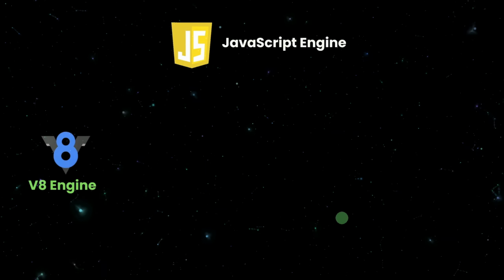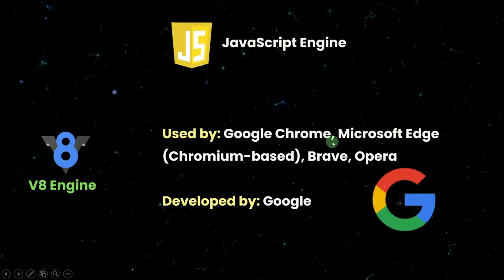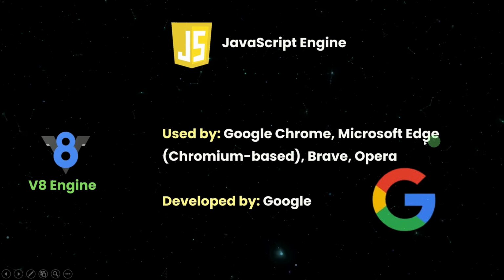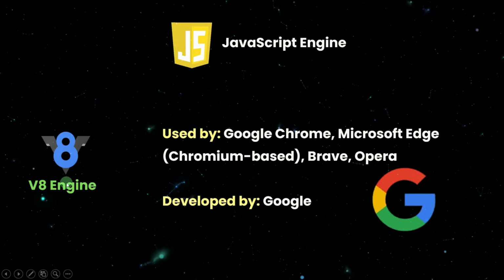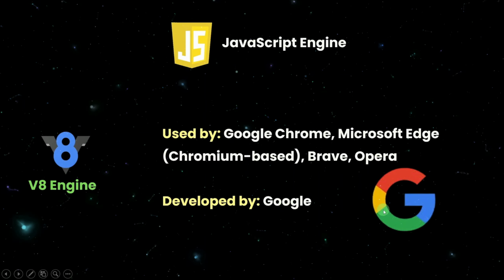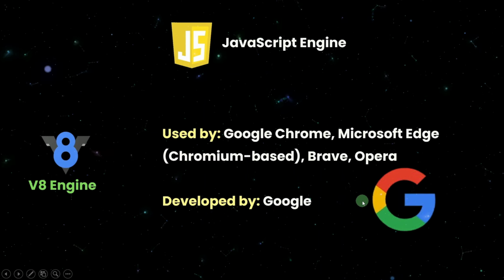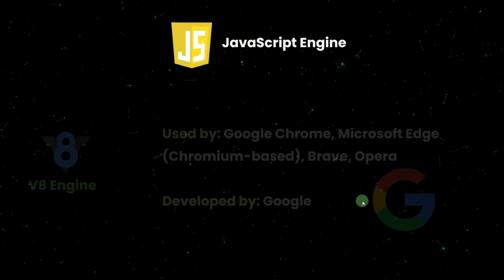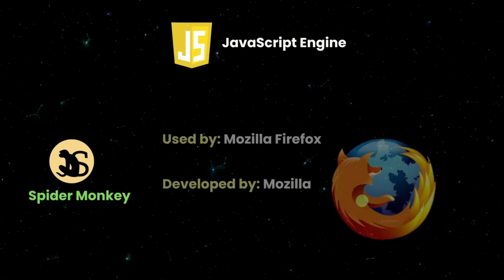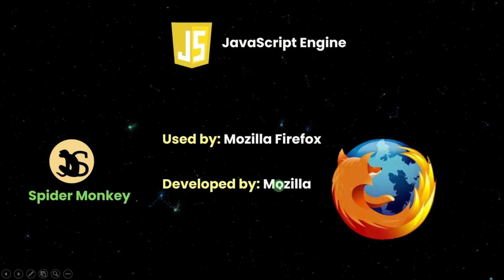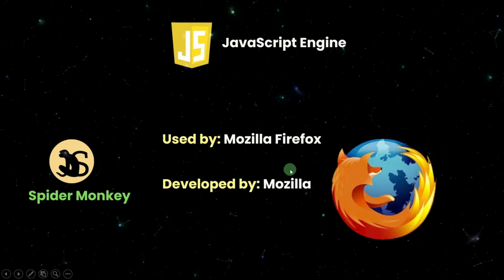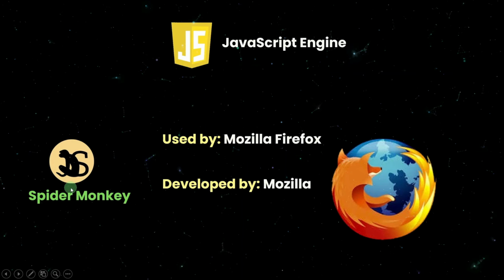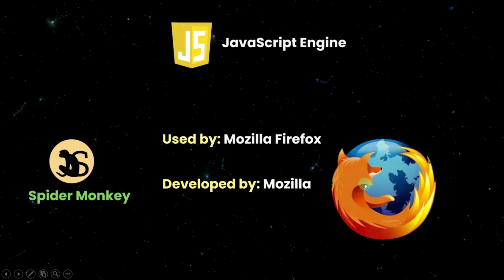The V8 engine is used by Google Chrome, Microsoft Edge, Brave and Opera, and it was developed by Google. Then we have SpiderMonkey, developed by Mozilla and used in Mozilla Firefox. These are the engine names available inside the browsers.